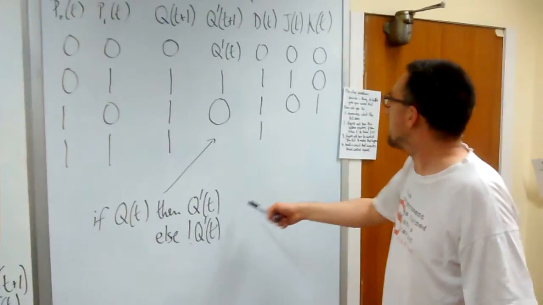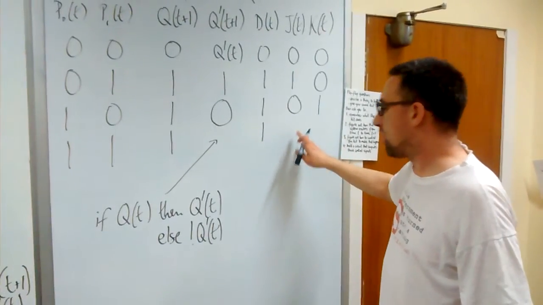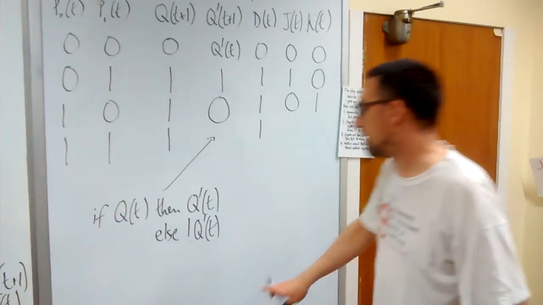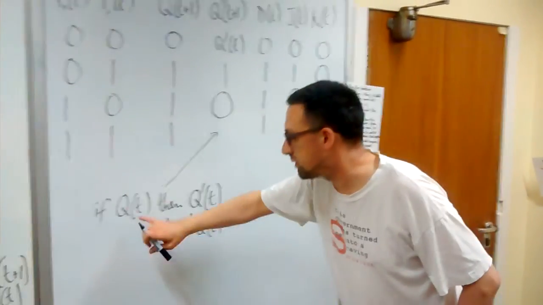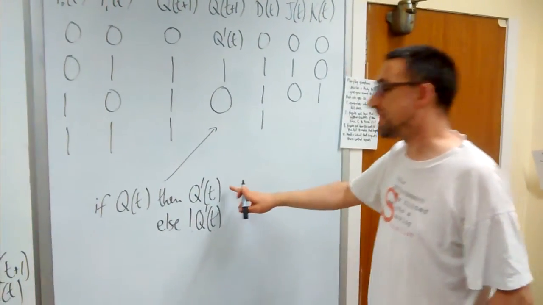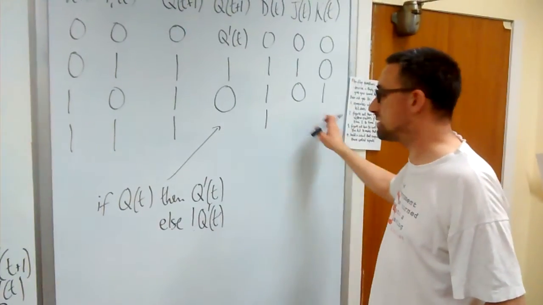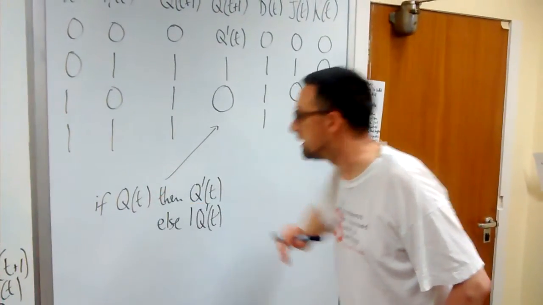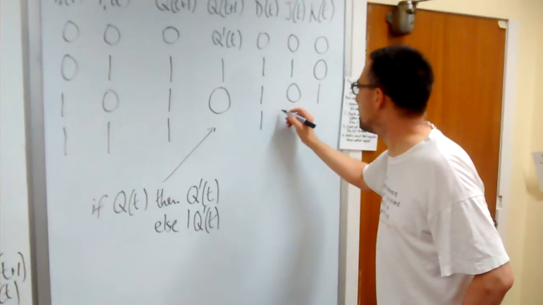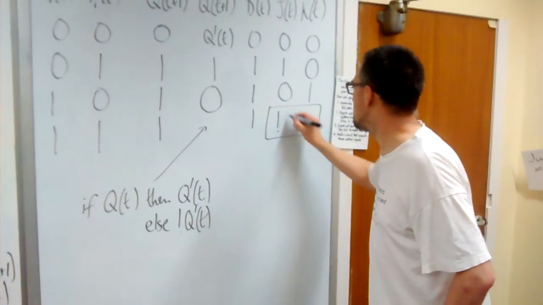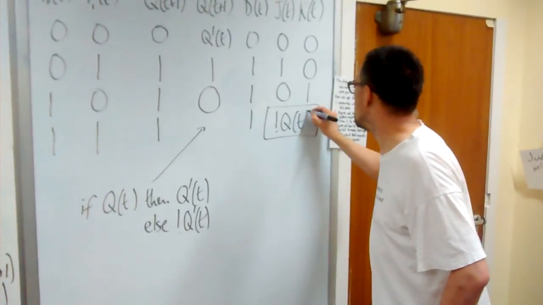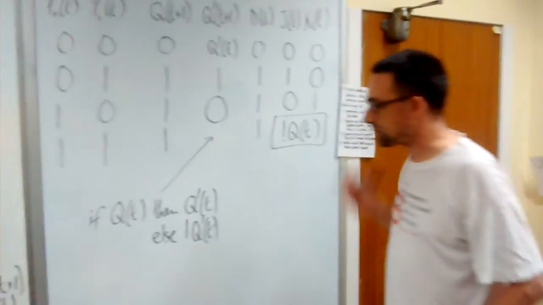We want to send the toggle signal if Q of t is 0, so 2 1s here if Q of t is 0, or the stay the same signal, so 2 zeros if Q of t is 1. That means in both of these places we are sending exactly the opposite of Q of t.